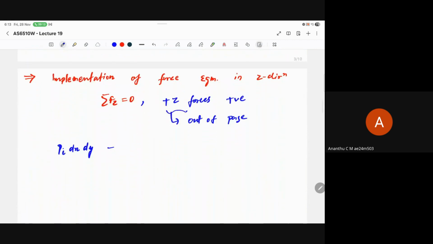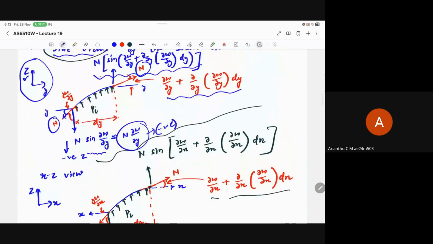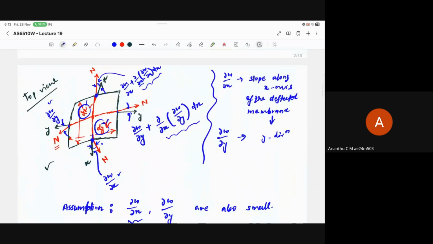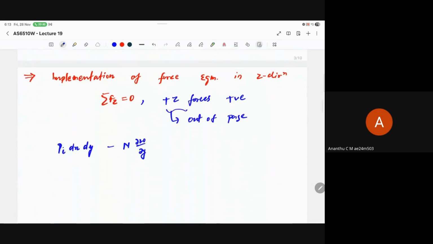And this force is going to be minus n into ∂w/∂y, and this is force per unit length, and what length is it acting on? So let us go here. This is the force we are talking about when we are talking about the YZ view. So this force is acting on this length, and this length is basically dx. So this will be multiplied by dx.